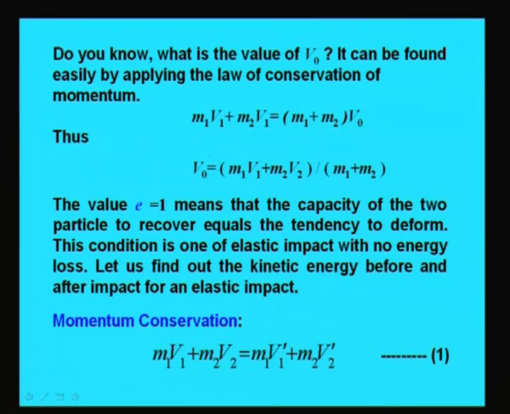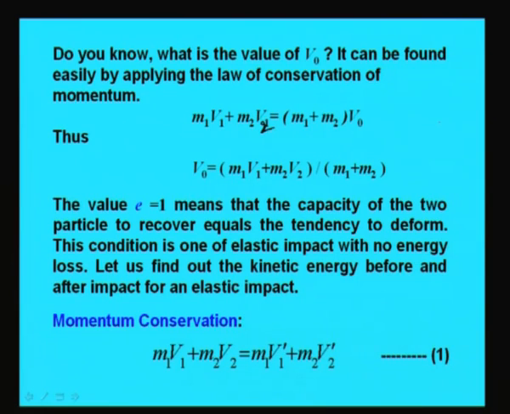M1 V1 plus M2 V2 is equal to (M1 plus M2) times V0. Thus V0 is equal to (M1 V1 plus M2 V2) divided by (M1 plus M2). That way we can find the intermediate velocity V0, which occurs for a short duration of time.